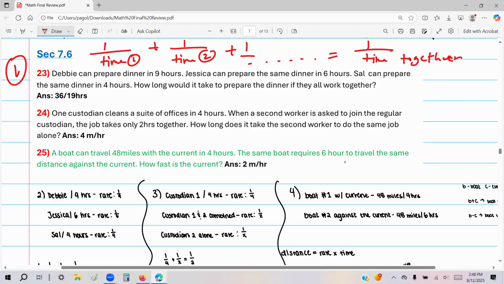So together is a single one on one side. Everything else, you're adding on the other side.